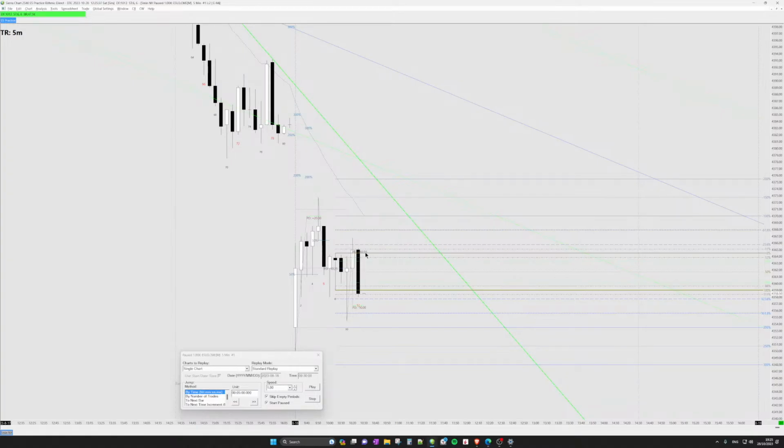Given how strong the bar is, it's a reasonable attempt to maybe do the same trade as here with that bar.